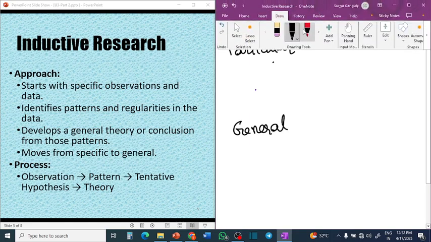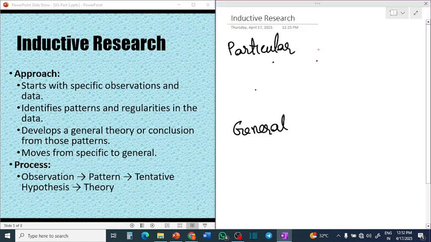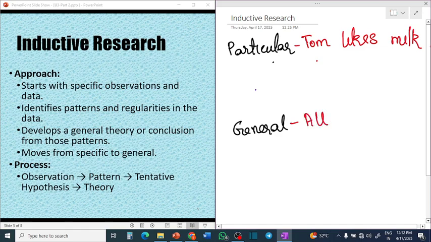Suppose in your house you have a cat and the cat's name is Tom. You saw that Tom likes milk. From there, you can go on to a general statement that Tom is a cat who likes milk, so you made a general statement from inductive reasoning that all cats like milk.